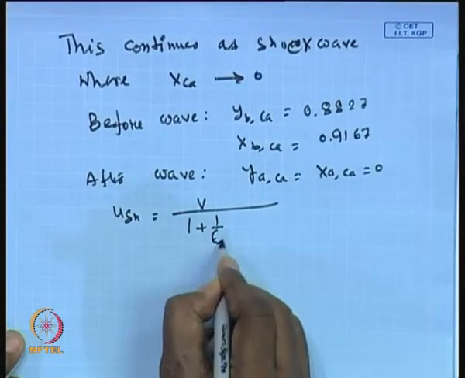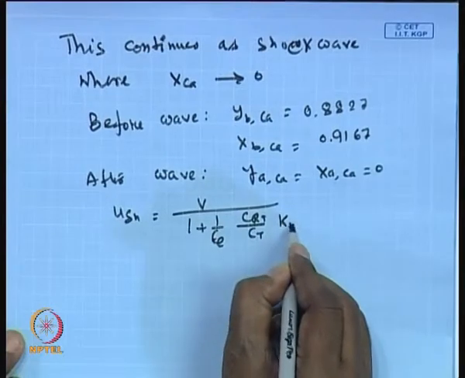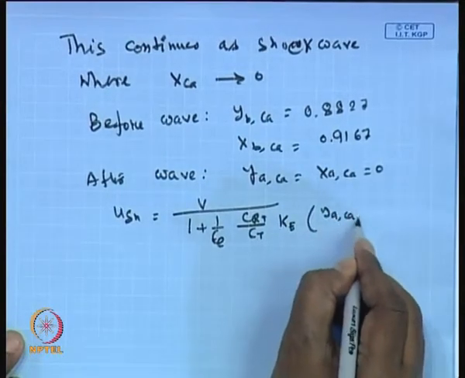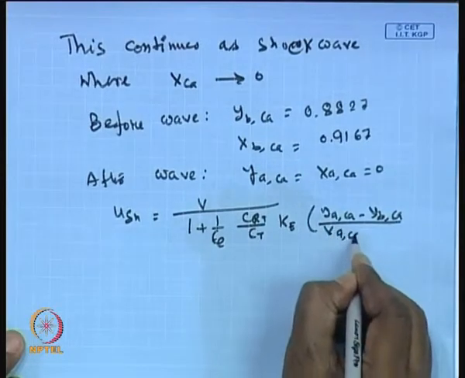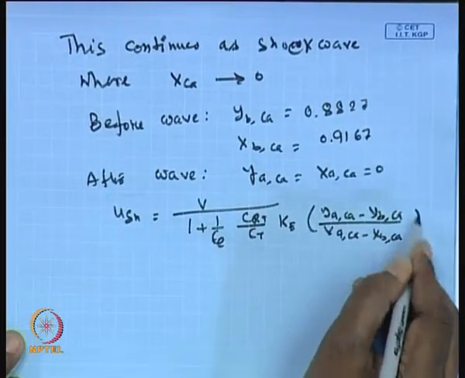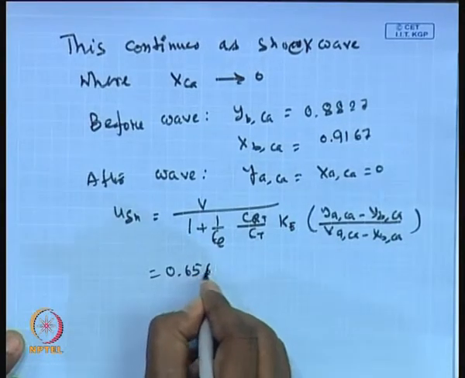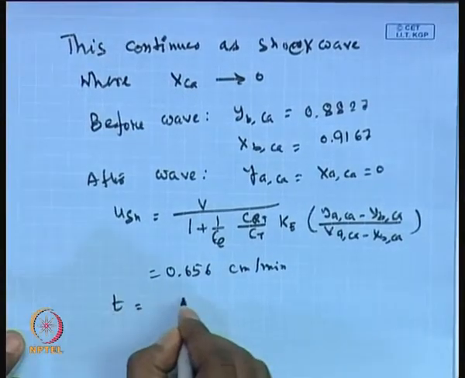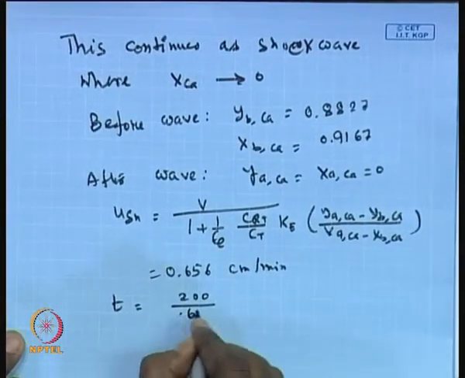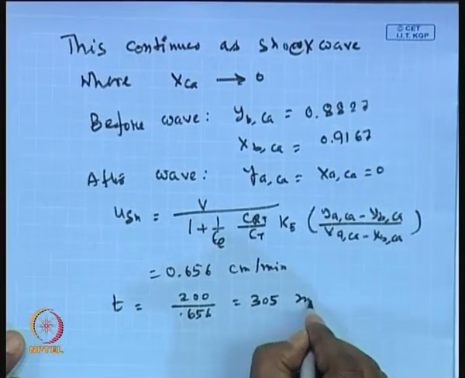You just put it in the same formula as we have written earlier. And this turns out to be 0.656 centimeter per minute, okay, and the time required is 200 divided by 0.656. So, it will be around 305 minutes.